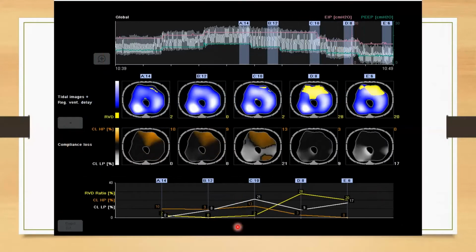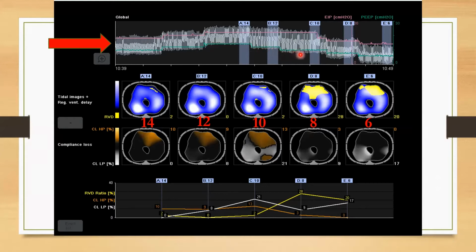Over here, when I look at this example, this is from 14, 12, all the way down to 6. This is another example. You can see right away here, the green is the PEEP settings, and you can see that the PEEP is set here, and it's holding these impedance curves. As you go to 12, holding pretty well, 10, not bad, but then you see it starts to go below.